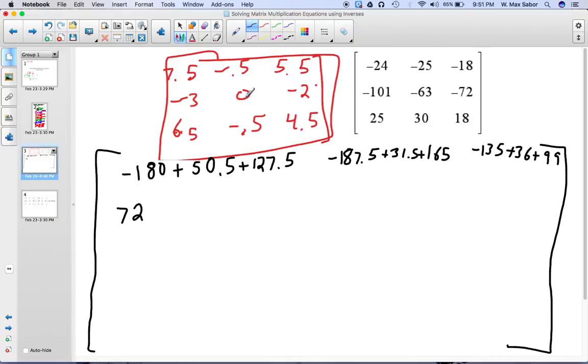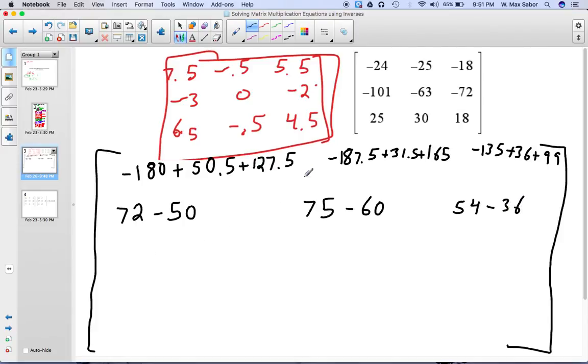Well, this row is easy because of the zeros and the small numbers. Negative 2 times that is negative 50. Negative 3 times that is 75. Negative 2 times that is negative 60. Negative 3 times negative 18 is 54. Negative 2 times that is negative 36.